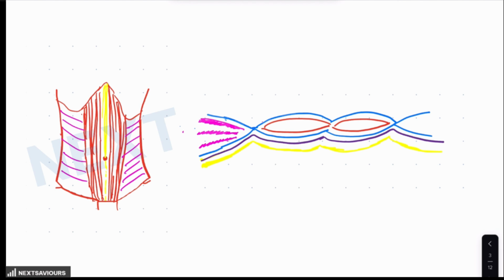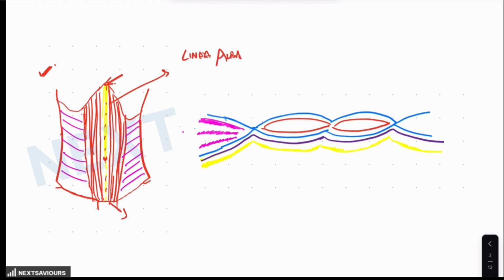So before jumping to the inguinal region anatomy, I'll just go through the anatomy of the abdominal wall first. This is the figure of the abdominal wall where we can see that in the midline, extending from the xiphisternum up to the pubic bone, we have a fibrous structure which is called the linea alba.